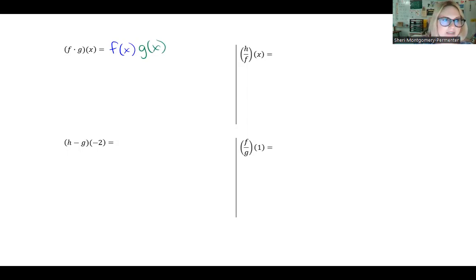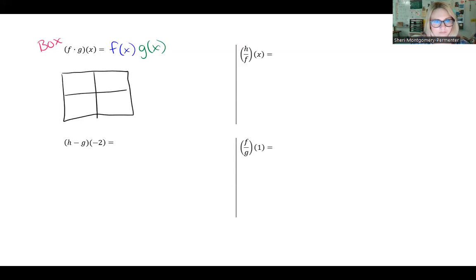And we're going to use a box. So looking at these, f of x is x squared minus 2x. And then g of x is 3x minus 4.